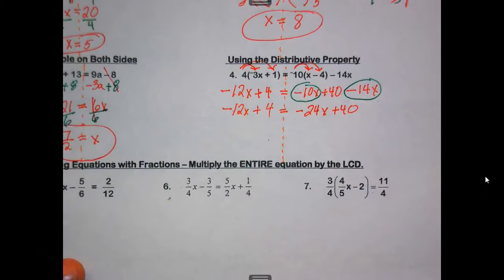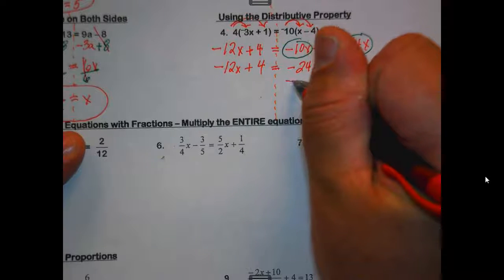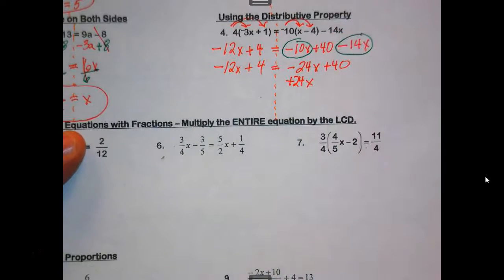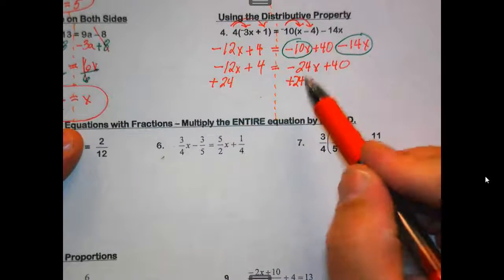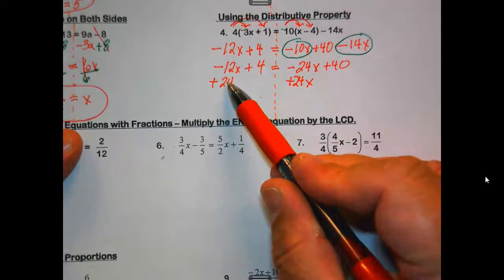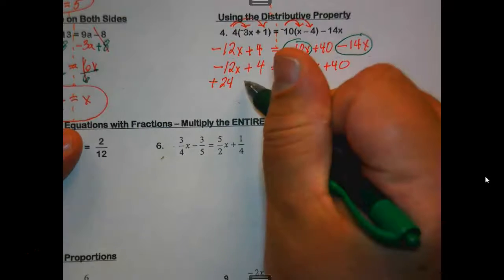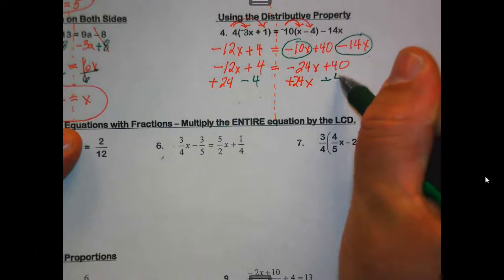Do you guys mind if I do 2 steps at once? I'm going to add 24x to both sides. And so that's going to bring my x's to the side. That means I have to get my numbers over here. So I have to subtract 4, subtract 4.